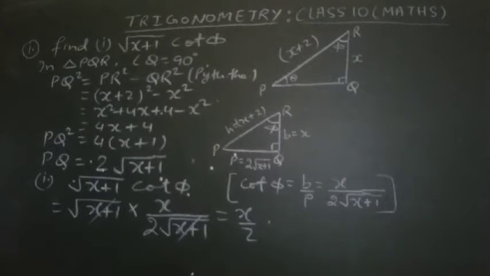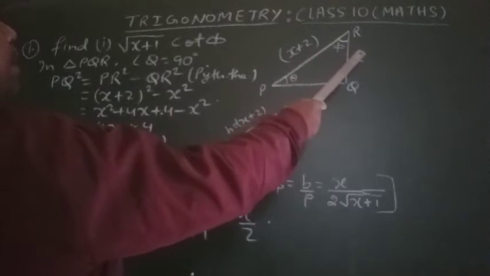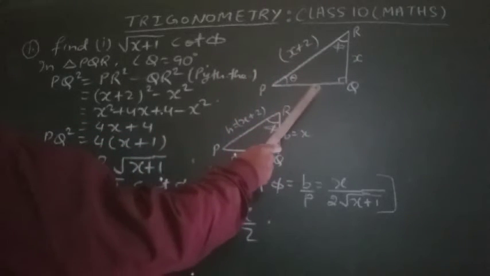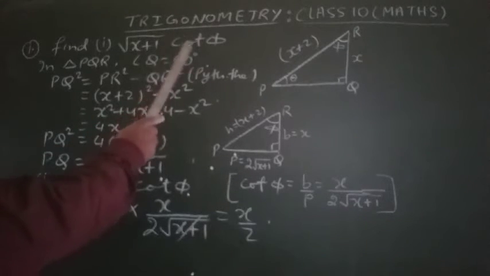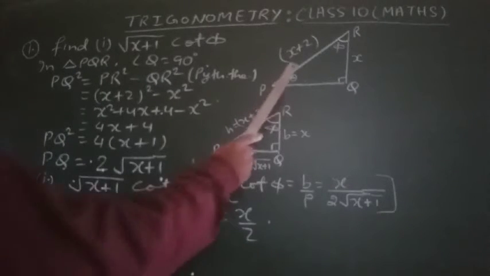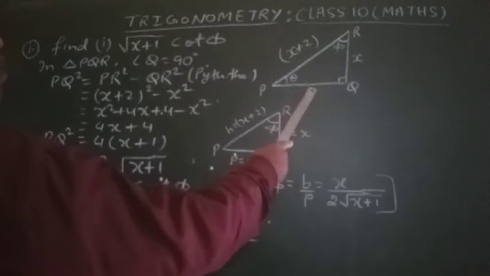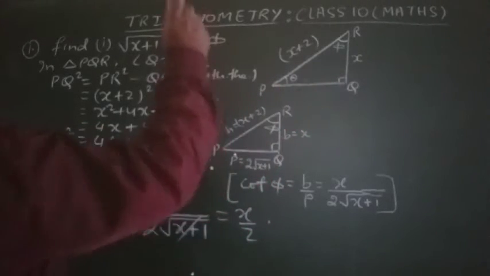So in PQR, angle 90 degrees is given, theta given, phi given, QR given, x plus 2 given. We have to find the value of PQ. And with the help of PQ, we have to find cot phi and multiply with under root x plus 1. So look here, this is the PQ value. By the Pythagoras theorem, this square plus that square equals those square.